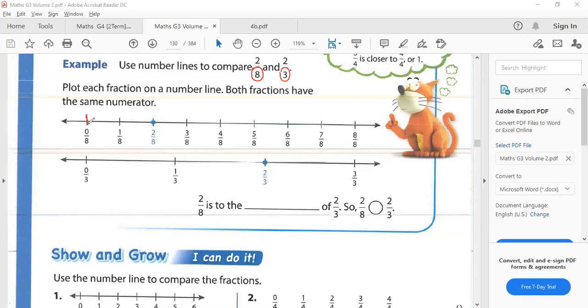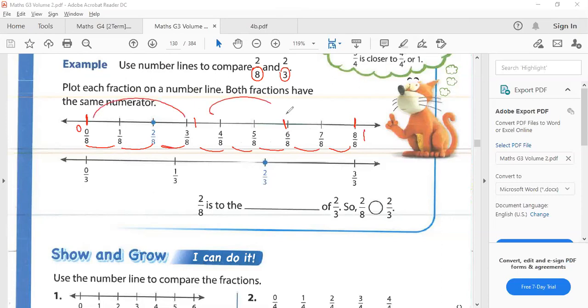So the distance between 0 and 1, this is 1 and this is 0. We divided it down into 8 equal parts like this, 1, 2, 3, 4, 5, 6, 7, 8. And up, we're going to divide it into 3 equal parts like this. This is 1, 2, 3.